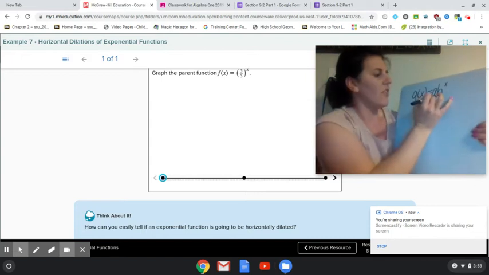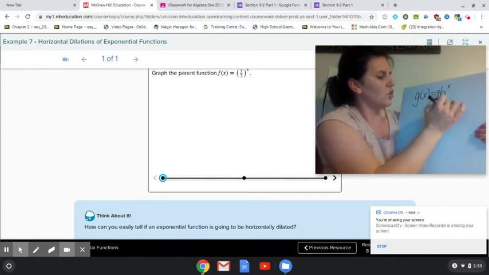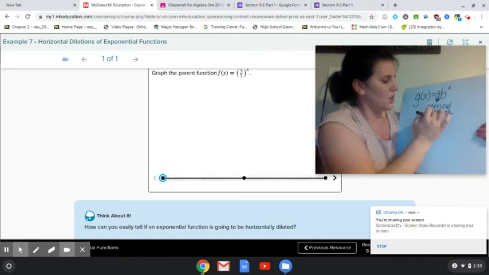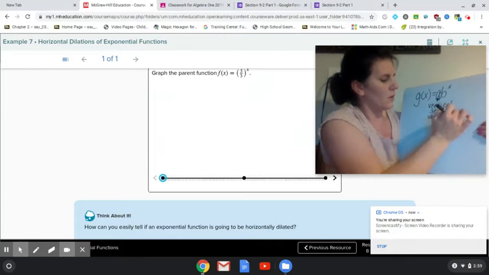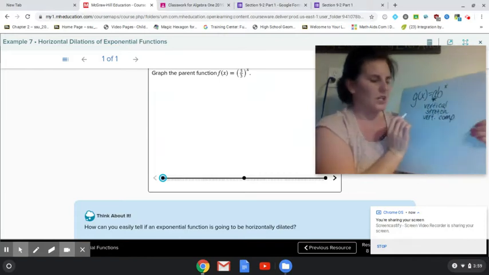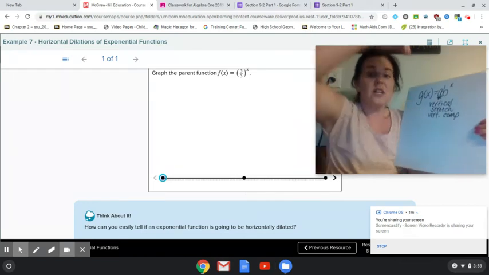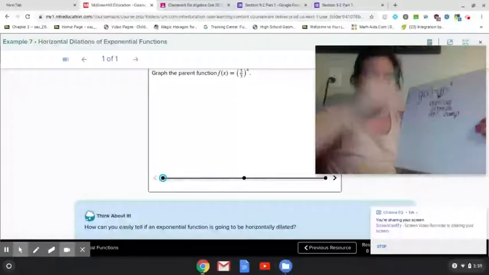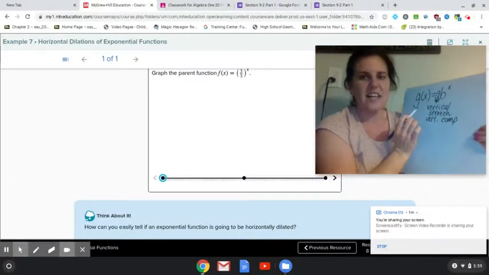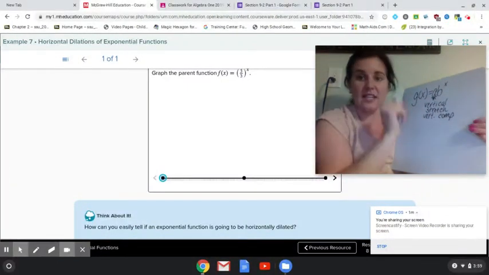So this determines a vertical stretch or a vertical compression. If this value of a is greater than 1, then it's being stretched vertically. It's making it taller. If that value of a is less than 1, then it's compressing it vertically.